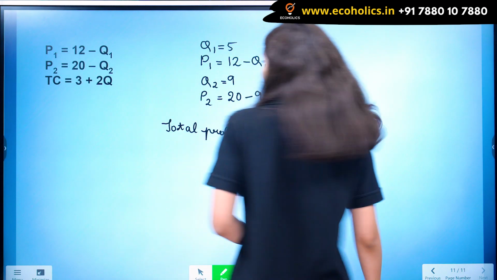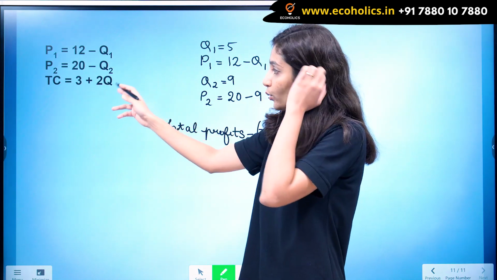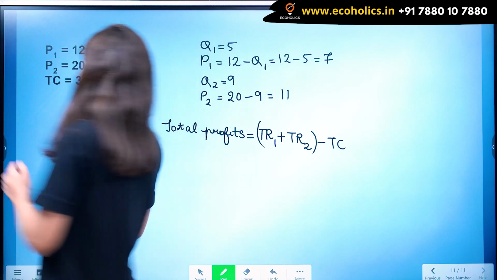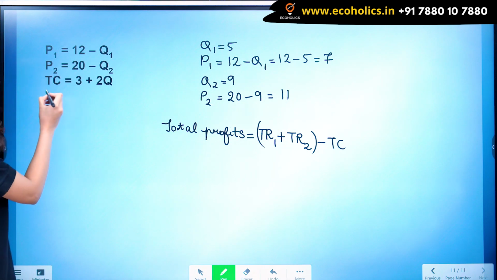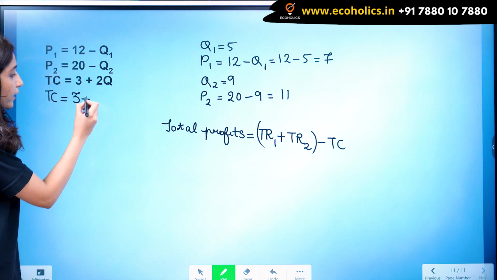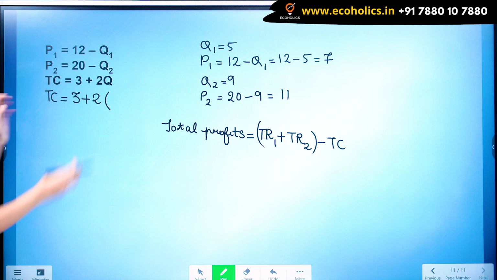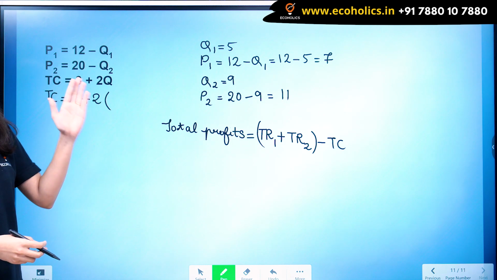Now, we have our total cost as 3 plus 2Q. Now, this Q is the amount of output to be sold in both the markets.